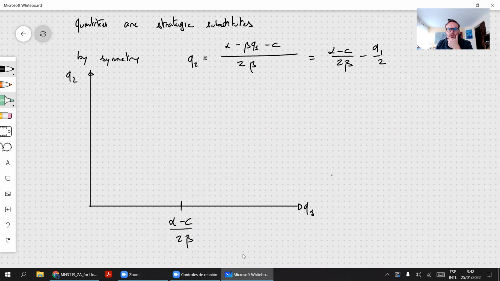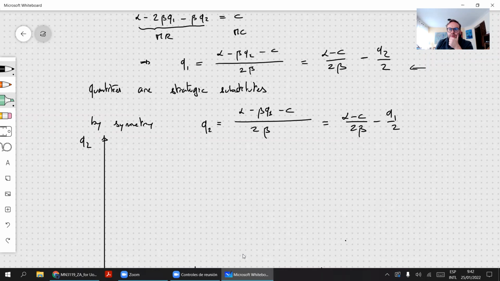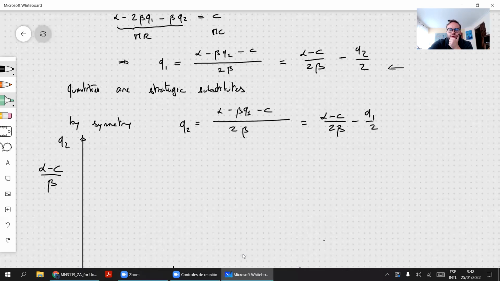And I will have also that, if q1 is worth 0, so I need to think a little bit, then I will have that q2 is equal to alpha minus c divided by beta. Maybe I should not be lazy. I should do the computation.